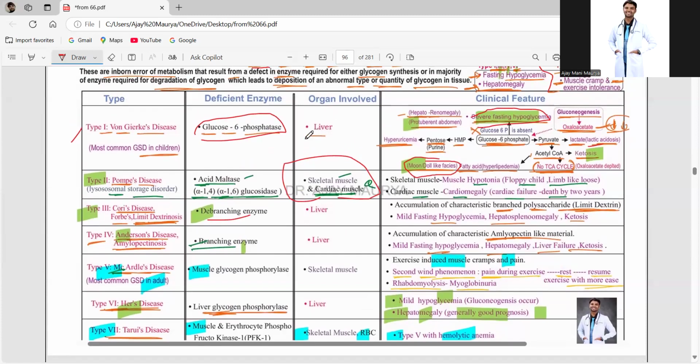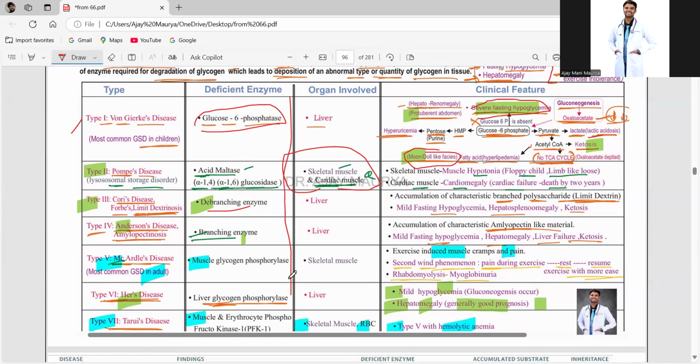Remember, first of all, the enzyme deficiency is important. Remember: A, B means Anderson disease, branching enzyme. C, D means Cori disease, debranching enzyme.